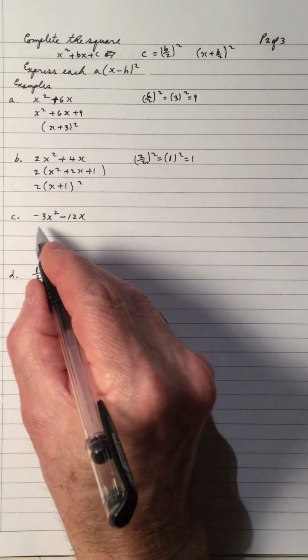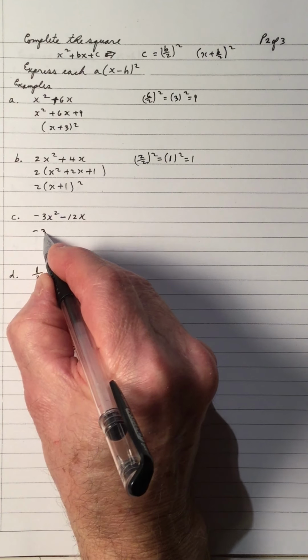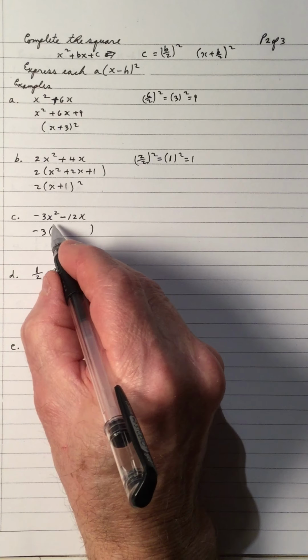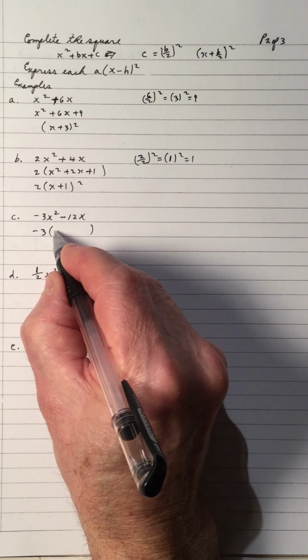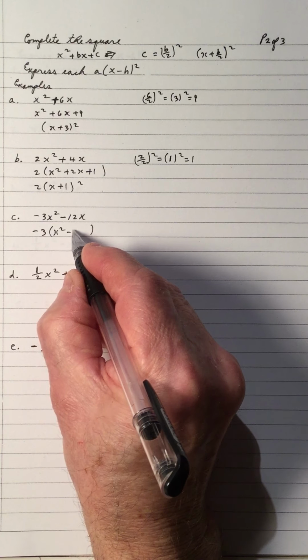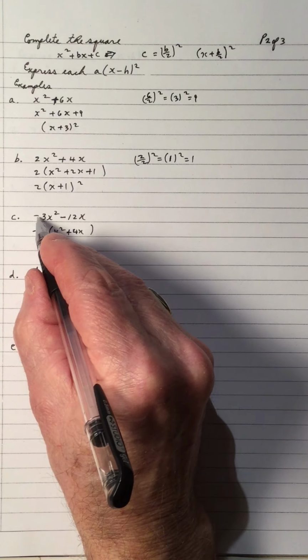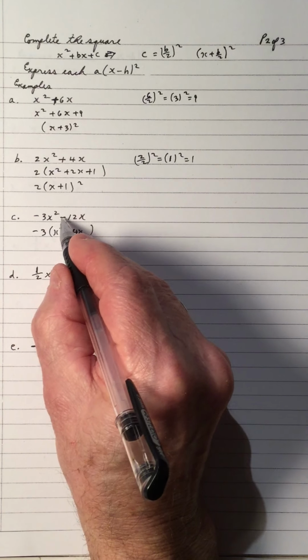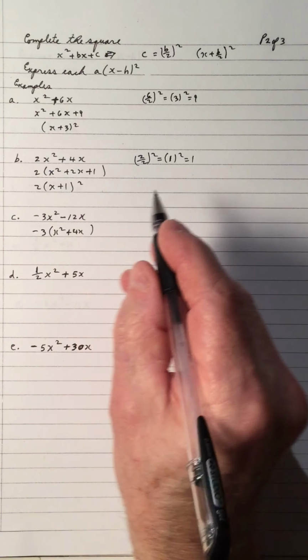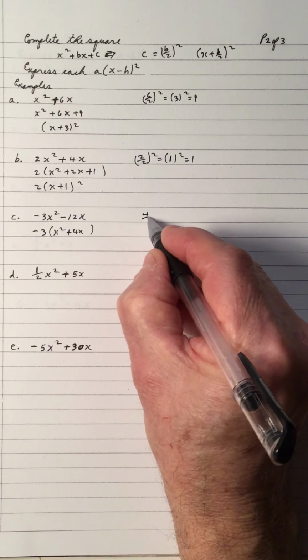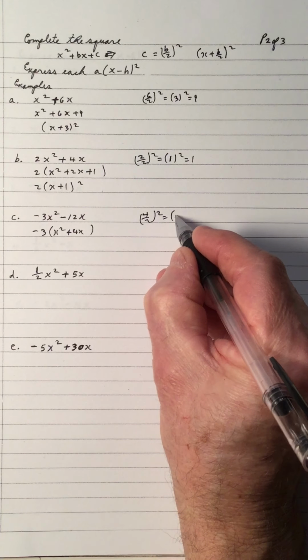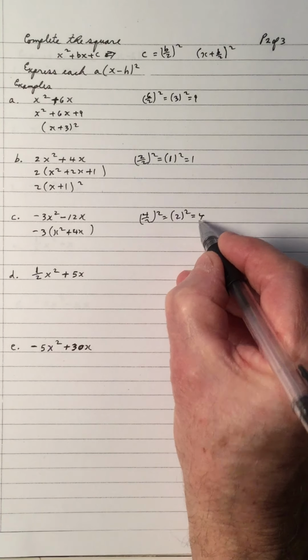C, we take a negative 3 out, again because we want x squared to have a 1, so that's x squared plus 4x. Negative 3 divided by negative 3 is 1. Negative 12 divided by negative 3 is plus 4. And so that's a 4 divided by 2 squared. 2 squared gives me a 4.